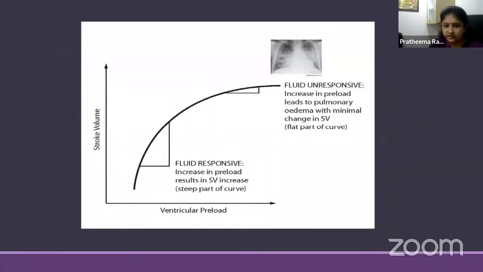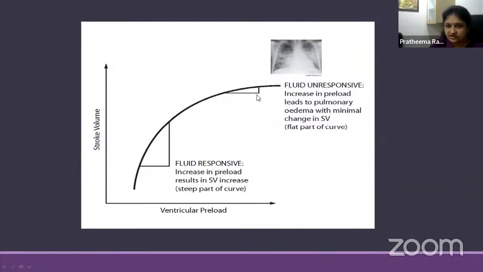Again, this is literally the basics of all hemodynamic monitoring, so I'm just repeating it. We are thinking about giving a fluid bolus. Is the patient responsive? If we give a small bolus, is the stroke volume increasing proportionately? Then that means the patient has good fluid responsiveness.